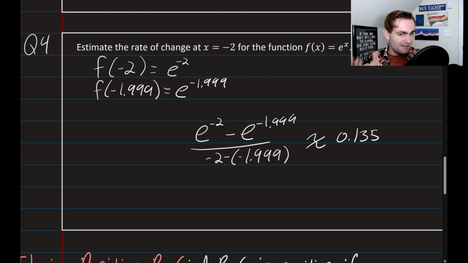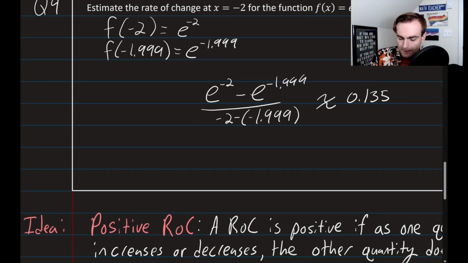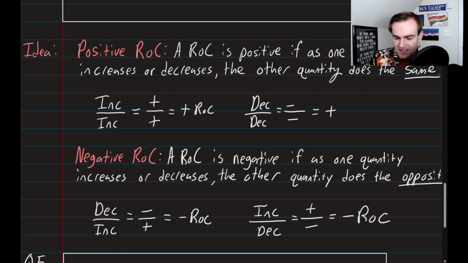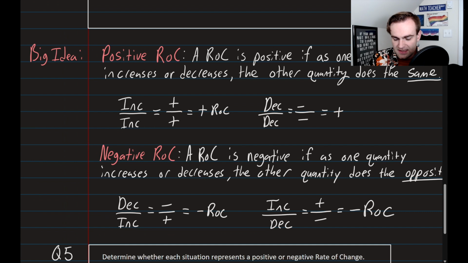All right, so hopefully not too bad. We're just finding slopes akin to what we did in Algebra 1, right? So positive and negative rates of change. This is a big idea for us because it gives us context into what we're doing and why we're doing it. A positive rate of change, a positive slope, is where when something increases, the other quantity does the same.